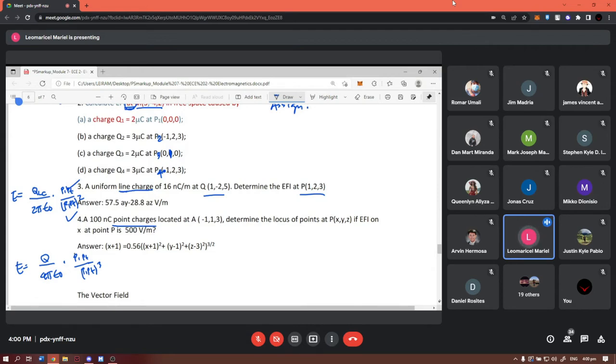Over yung naka-square, then multiply mo sa isa, kaya naging cube, then 4 pi. Okay? Pagka line charge, ang pagkakaiba niya, yung given dapat yung line charge, over lang siya na 2 pi eta O, hindi 4 pi.